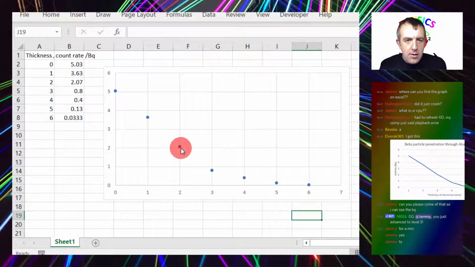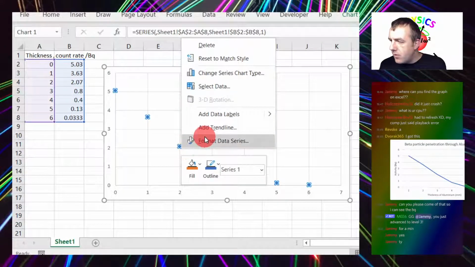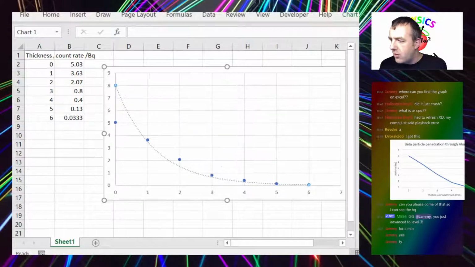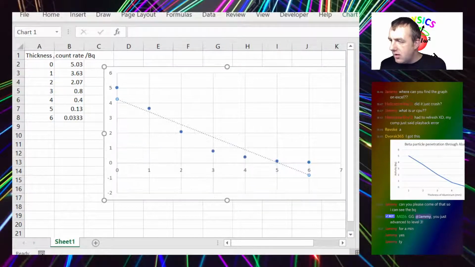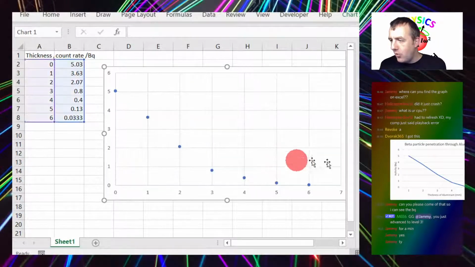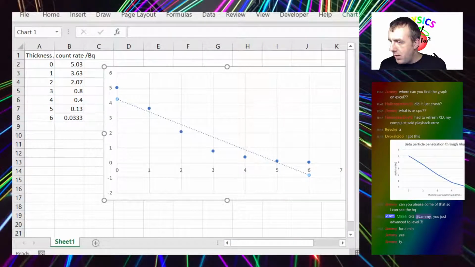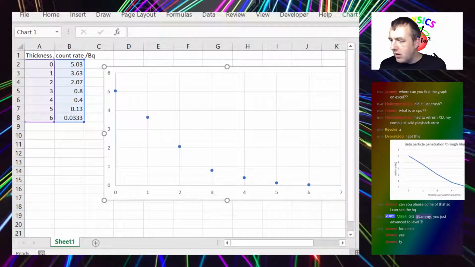So if I add trend line now, what we can do, if we're just not sure, is say, this is what an exponential relationship should look like. Is it linear? No. Logarithmic? Can't do that. That doesn't fit. No way we can get that to work. A power law of some sort, that would be like your inverse power.